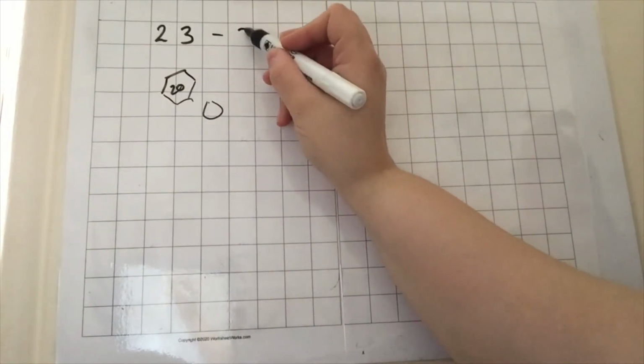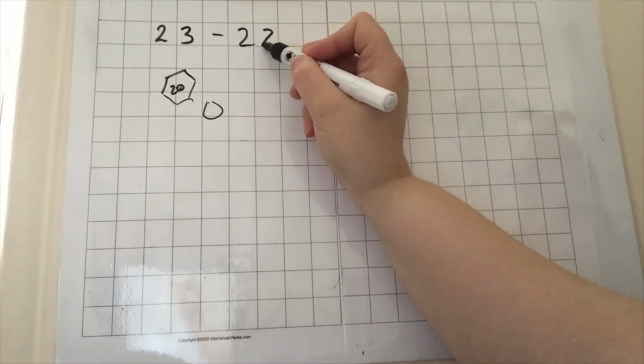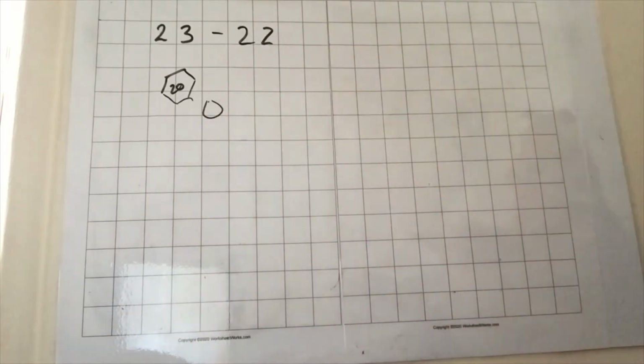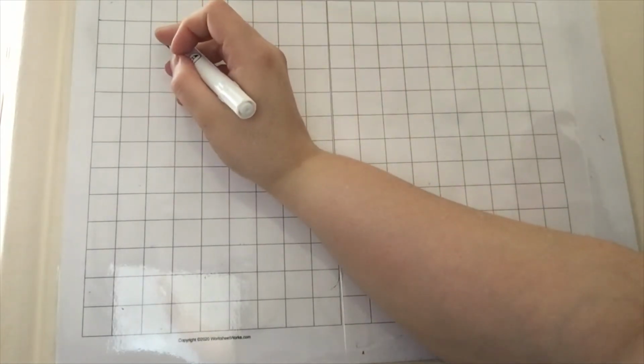But then depending on what you've got to take away, you'll have to work out which ones to cross out. But you can still do it like that, if that's the way that works for you.